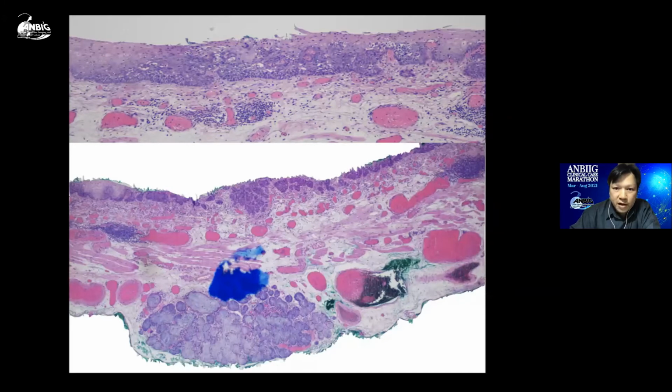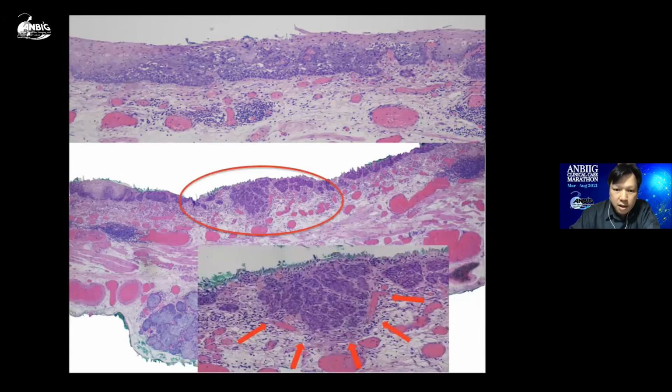This is the final pathology of the lesion. Although the biopsy showed only high-grade dysplasia, after analyzing the pathology of the ESD specimen, we could find a micro invasion in one focus. The cancer cells invade the lamina propria.